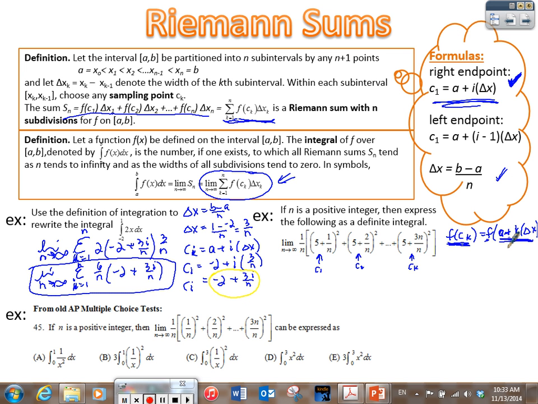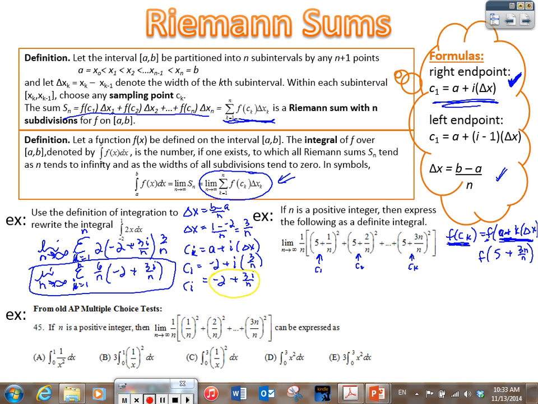So here's my formula. I need to match it to my general term right here, 5 plus 3n over n. Okay, we're matching it up. That's part of the function.